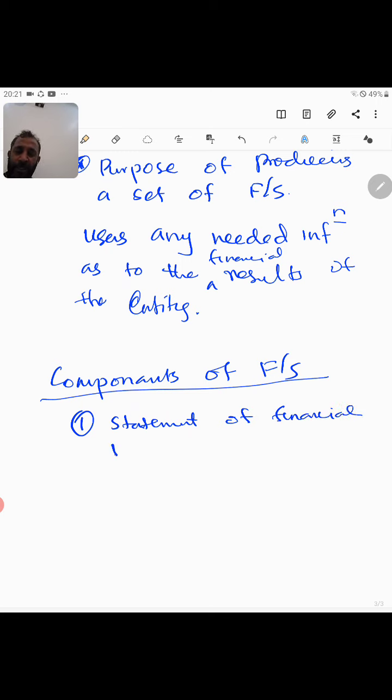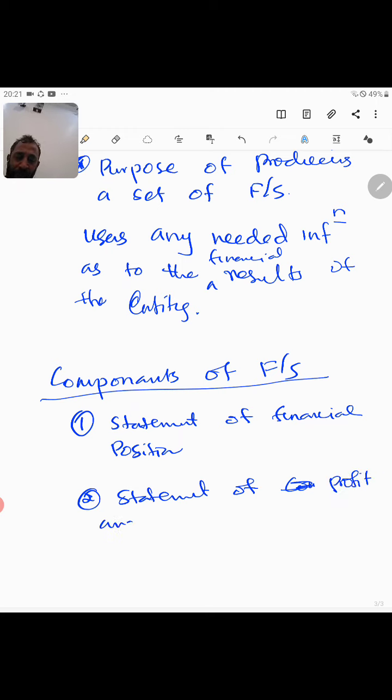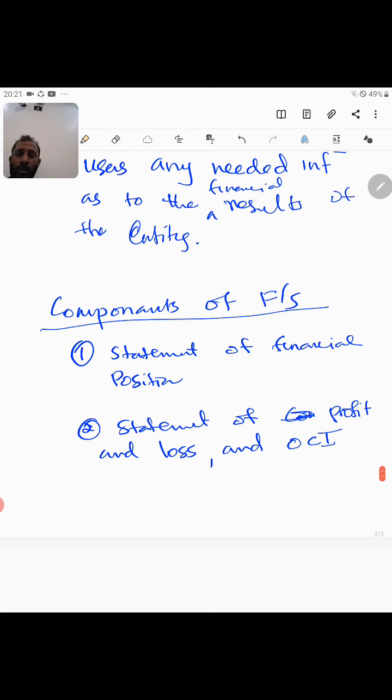The second component is the statement of comprehensive income, the statement of profit and loss and other comprehensive income. In short, we call the first one the balance sheet and the second one profit and loss.